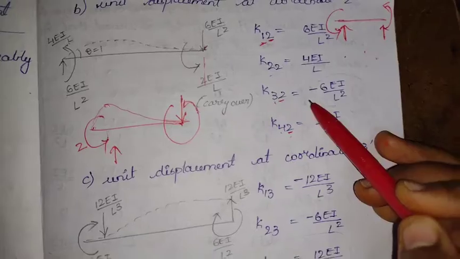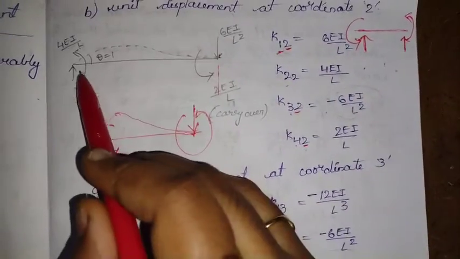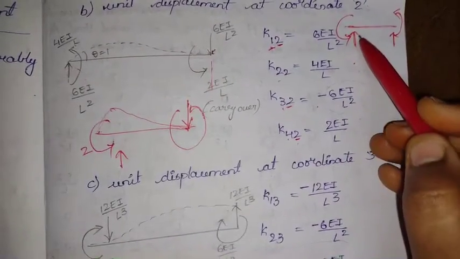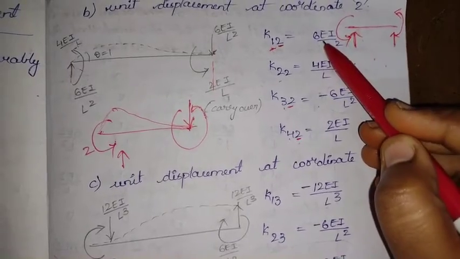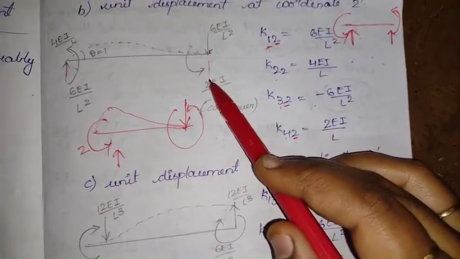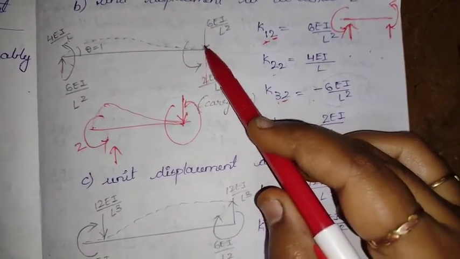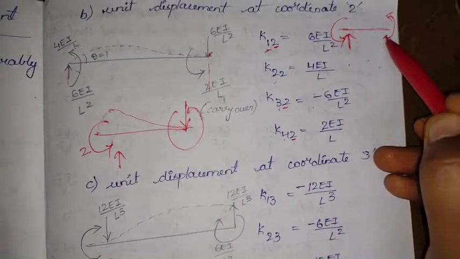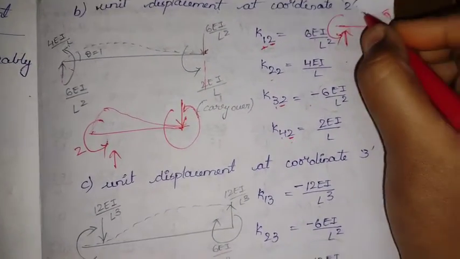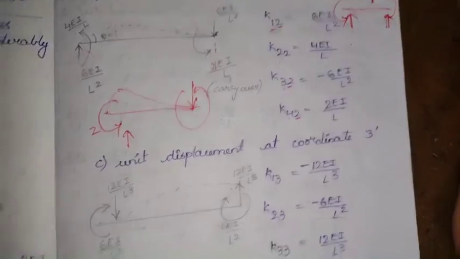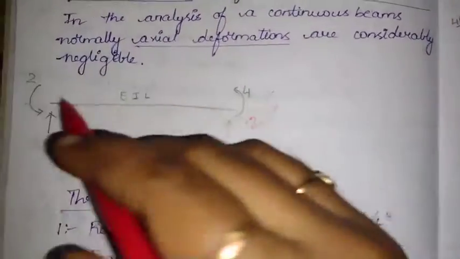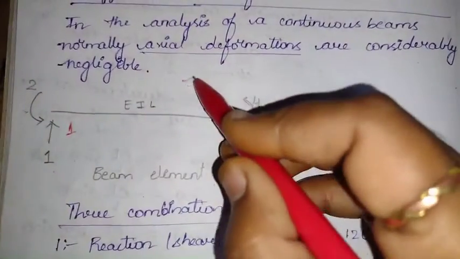K1 is positive, as it is upward, and whatever we considered is also in the upward direction. But the third one is downward in nature, so it would be negative. We considered upward as positive. These are the initial ones we have considered to be positive. Whatever directions we initially considered, we are taking as positive.